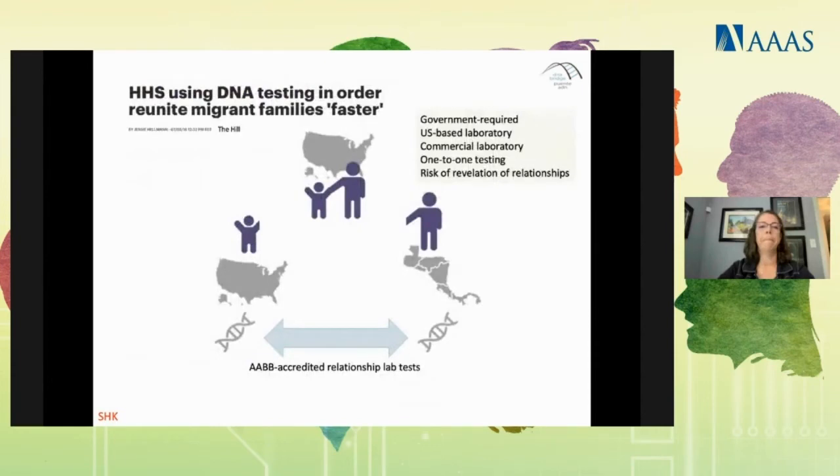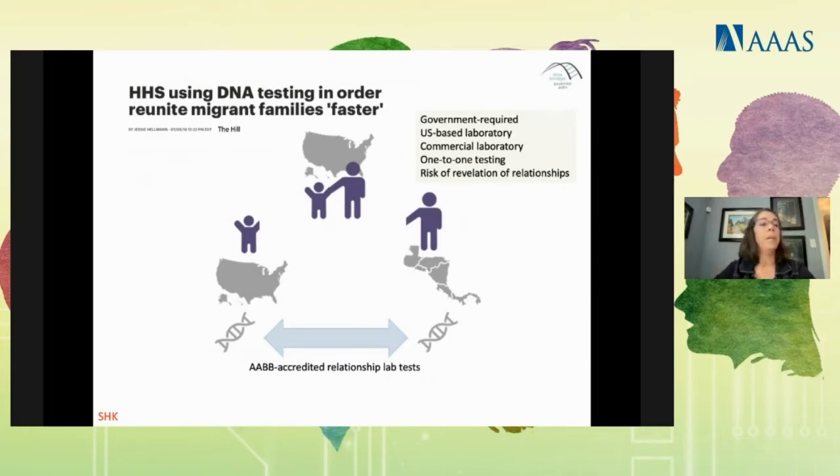In July 2018, the US government, in efforts to try to reunify those families that had been separated, called for the use of DNA testing to assist with the reunification of those that had been wrongfully separated. This prompted backlash from the community as an intrusive effort of the US government.